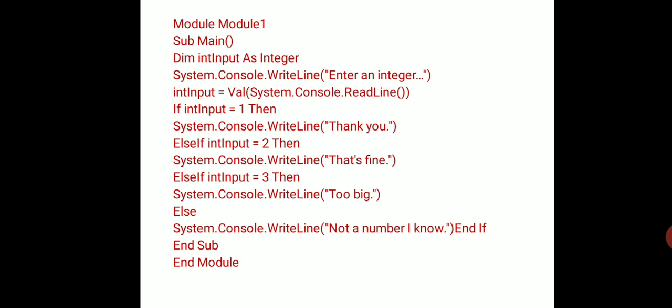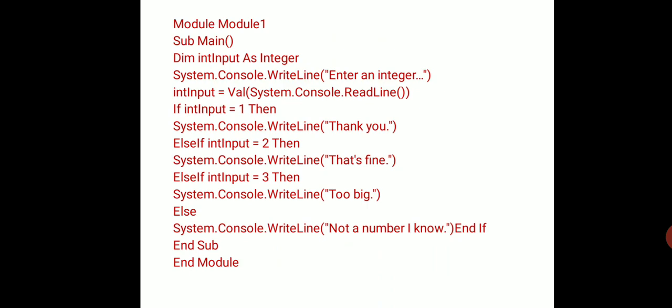So what is that? System.Console.ReadLine is simply a scanf. Whatever the user enters through the keyboard, ReadLine will read that value from the keyboard, and that will be converted by val. Val means to a number, okay, and that value is stored in the int input variable.